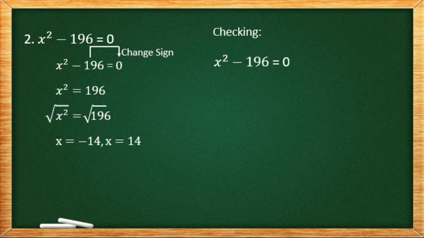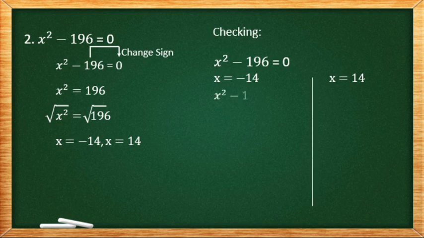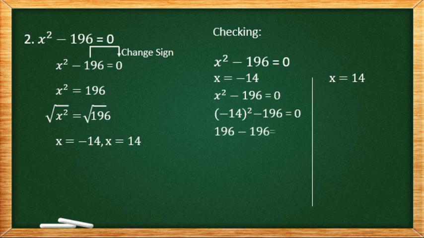X squared minus 196 is equal to 0, where x is equal to negative 14 or x is equal to 14. By checking, x squared minus 196, the negative 14 squared is equal to 196. So, therefore, 196 minus 196 is equal to 0. Yes, 0 is equal to 0. That's why true.